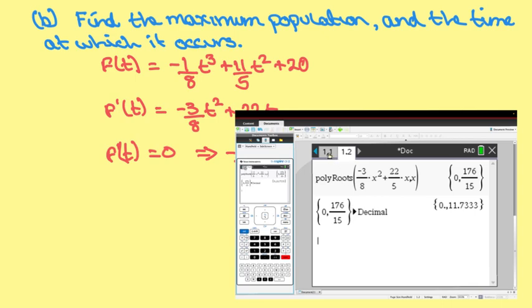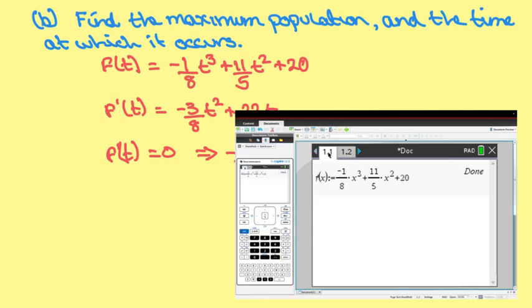So if I go to another calculator page, I've already defined my function, which is minus 1 over 8 x cubed plus 11 over 5 x squared plus 20.